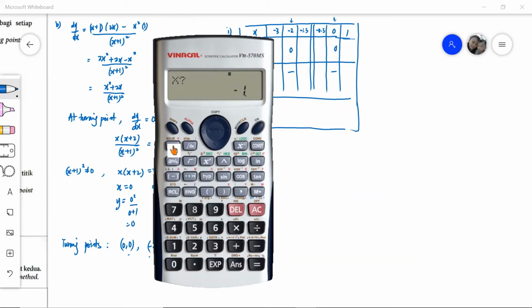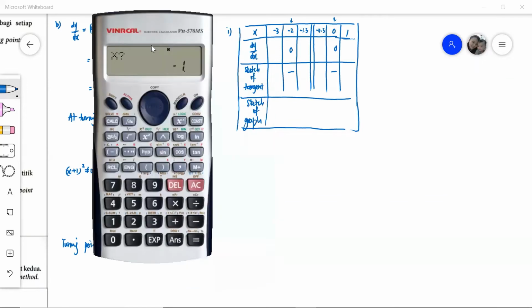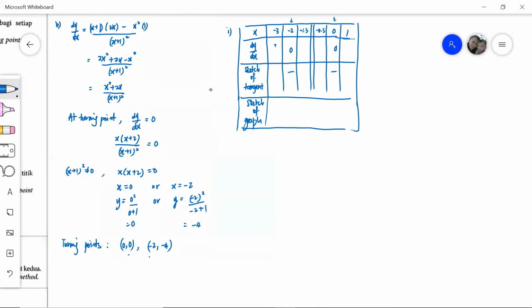The first value I want to put in is -3. We got 3/4, a positive value.